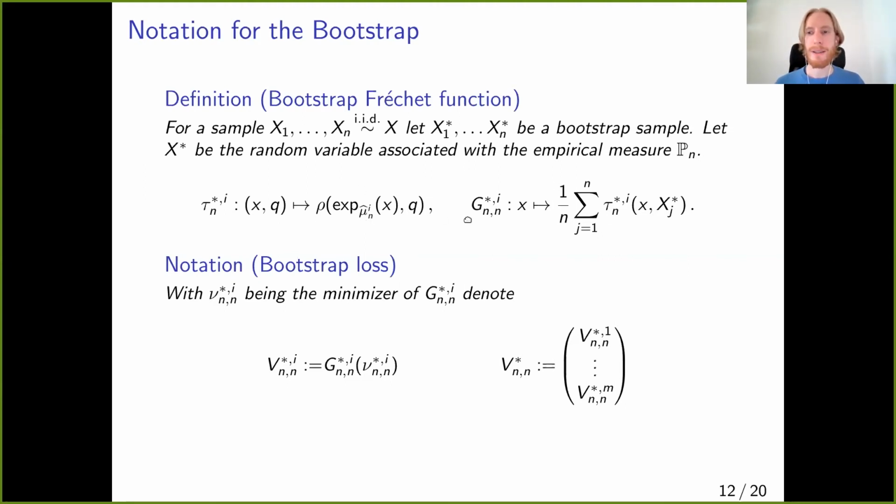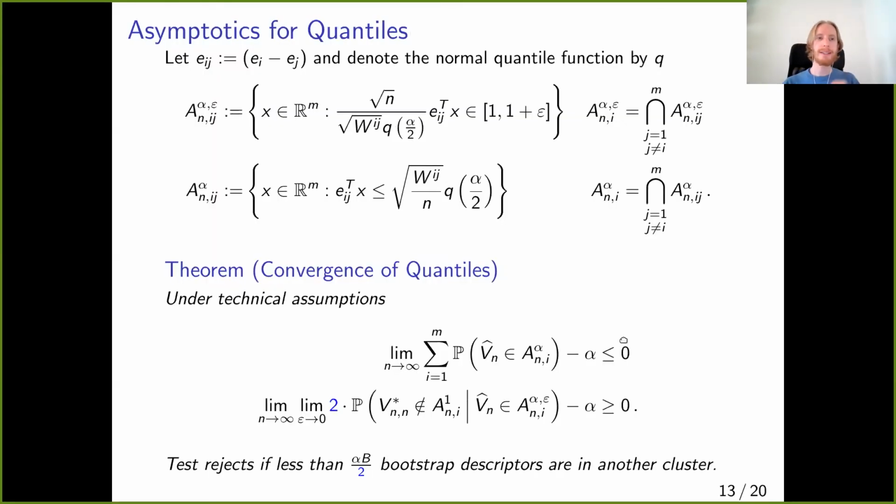And we can define the local bootstrap Frechet functions, and then the local bootstrap losses, and the local bootstrap loss vector. And again, we can play the same game. And in the end, we will also want a result on the variances and so on. And after all this theory is done, what we get is an asymptotic result for the quantiles.